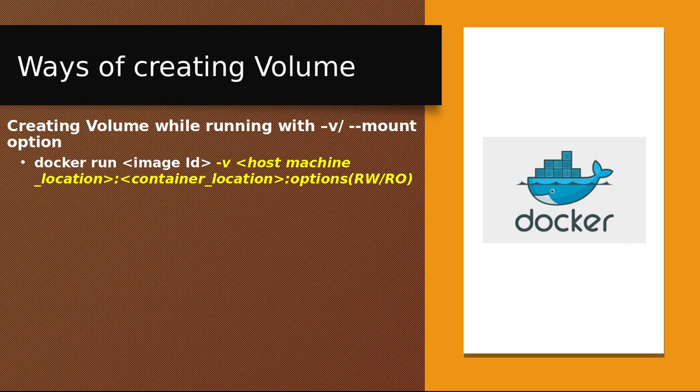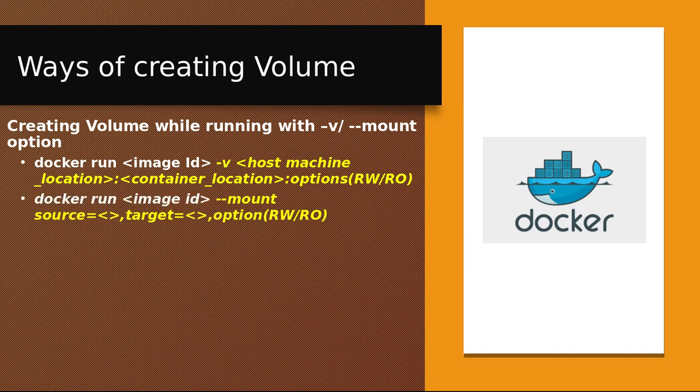This kind of operation you can define with the options. Then the second way, as I told, is the --mount option. In the mount option we have key-value pair definitions: source, what source directory you want, target, what target directory you want, and options, what type of permission you want to give to that particular folder.